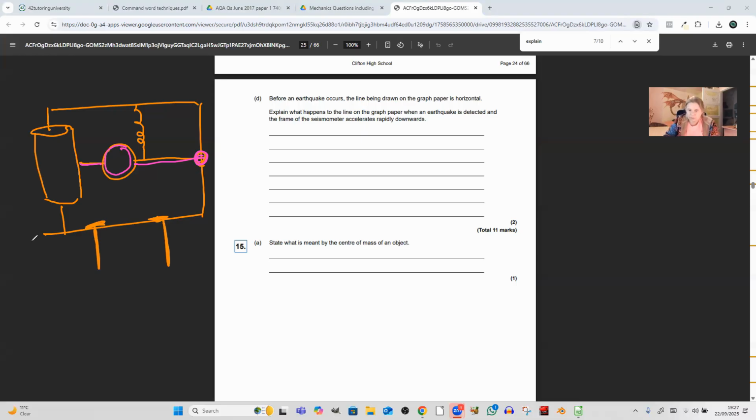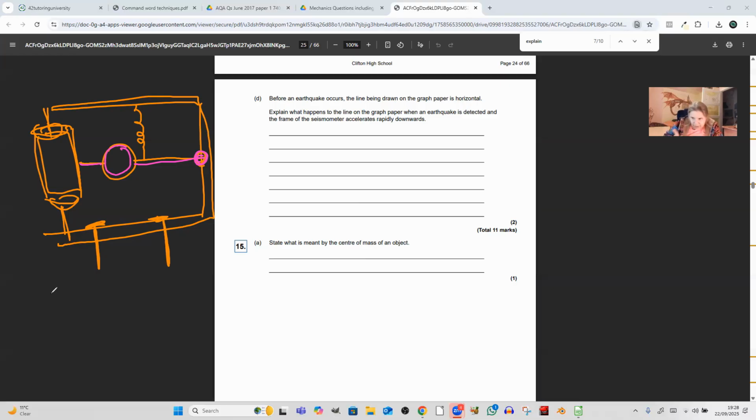Okay. So what we've got to do is explain what happens to the line on the drum. Explain what happens to the line on the graph paper. Now it says that the frame rapidly accelerates downwards. So all of the orange stuff goes bang down.